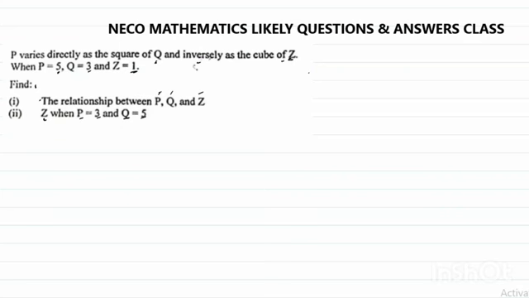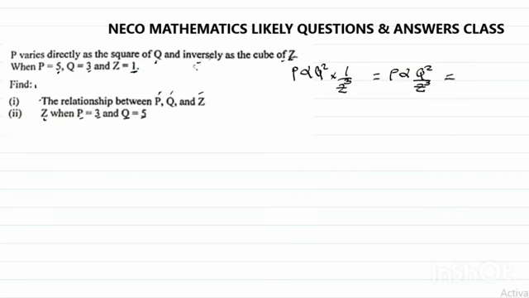P is directly proportional to the square of Q, and inversely proportional to the cube of Z. So therefore we have P proportional to Q with power of 2 divided by Z with power of 3. So let's change this proportionality to a constant K.